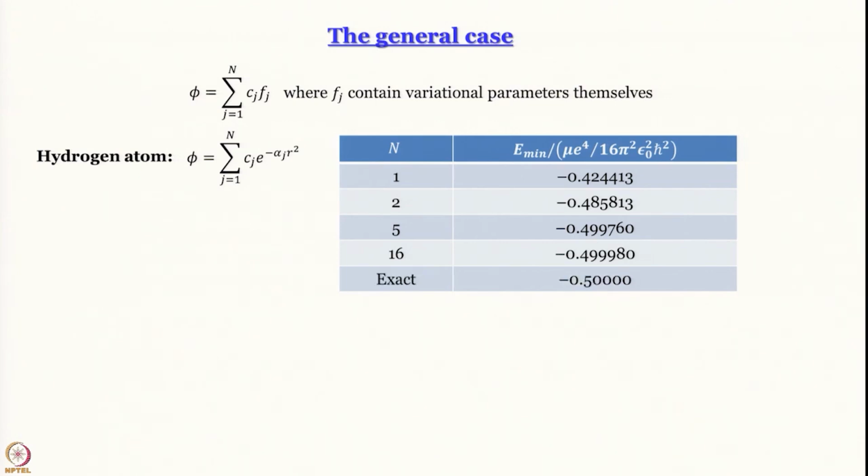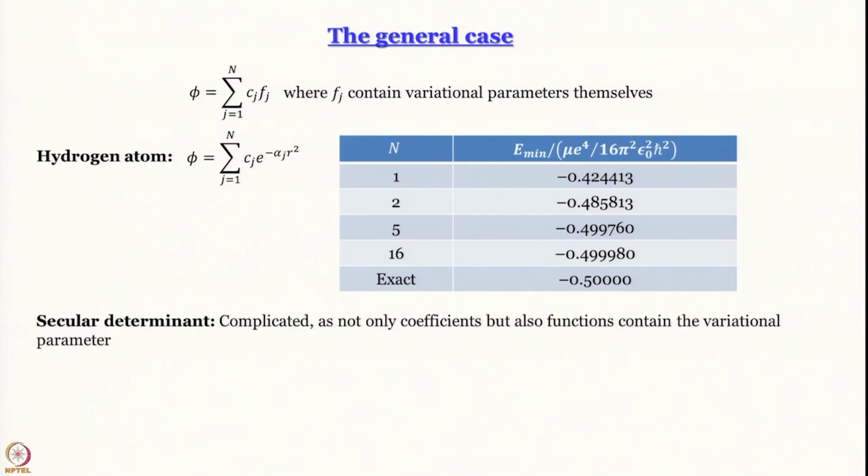And now the exact calculation, let me remind you, in terms of what we have given here, mu e to the power 4 by 16 pi square epsilon 0 square h square, the exact calculation that we got earlier is minus 0.5. So, now when you increase the number of terms to 16, you get very close to the exact solution. Okay? So, what we learned from here is that in the general case, if you increase the number of terms, you get closer to the energy, and that is by using the power of variation theorem, upper limit theorem.